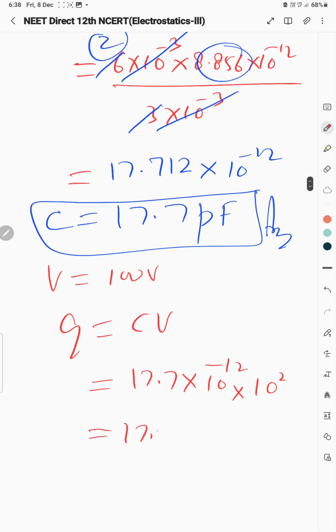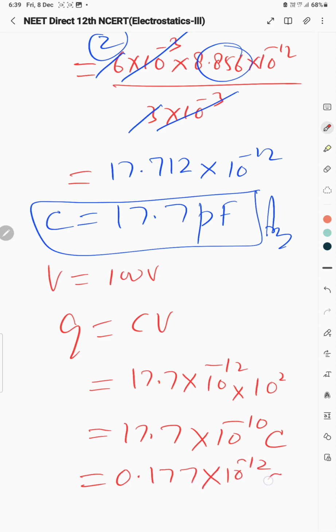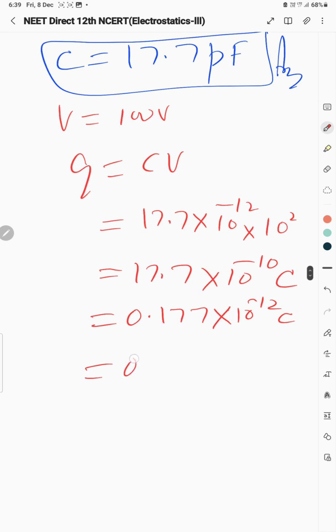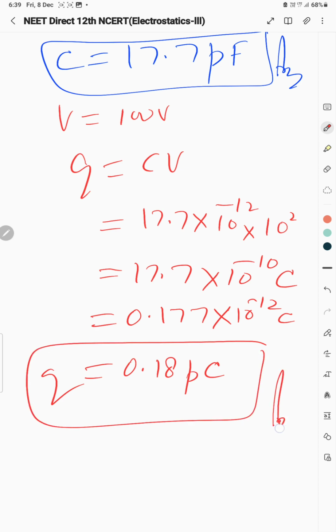So simplify: 17.7 × 10^-10 coulomb. Alright, and when further simplified it becomes 0.177 × 10^-9 coulomb, which we say is 0.18 nanocoulomb, and that is the answer to this problem.